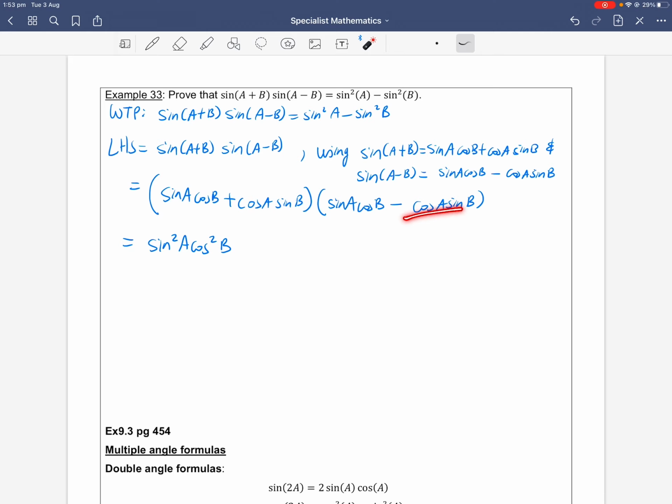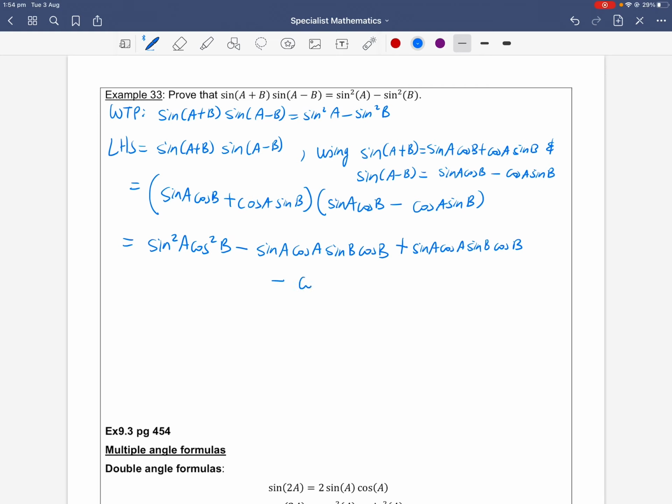So first, outer, so let's look at sine a cos b times cos a sine b with a negative sign in front of that. So that gives us minus sine a cos a times sine b cos b. And then inner, so let's multiply these two inner parts. So we get plus sine a cos a times sine b cos b.